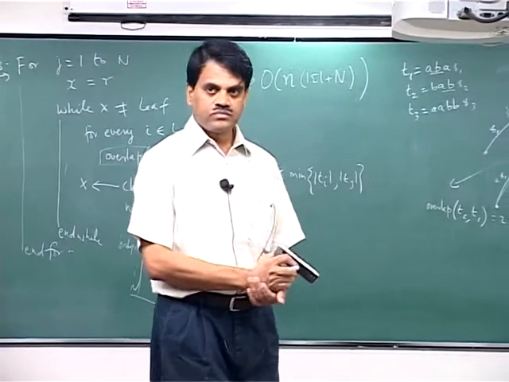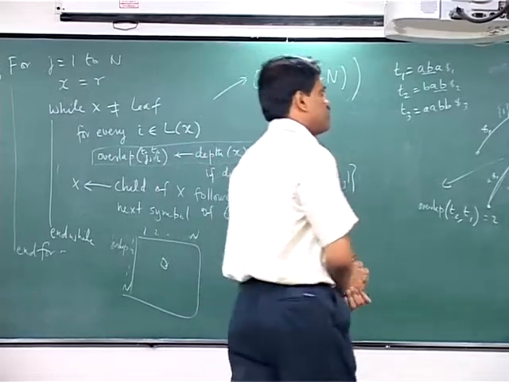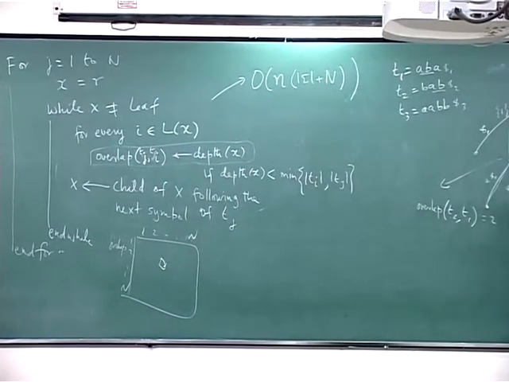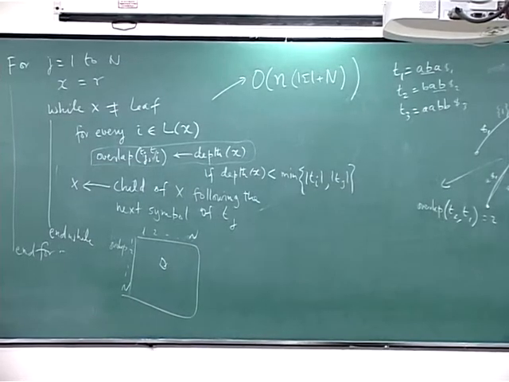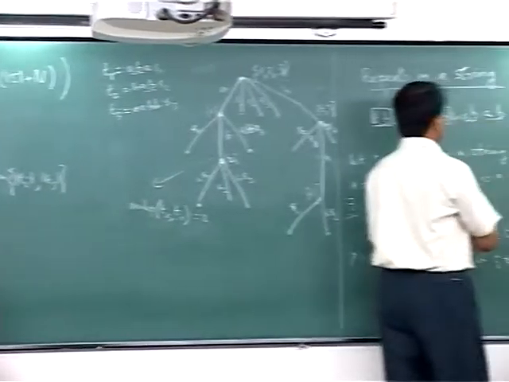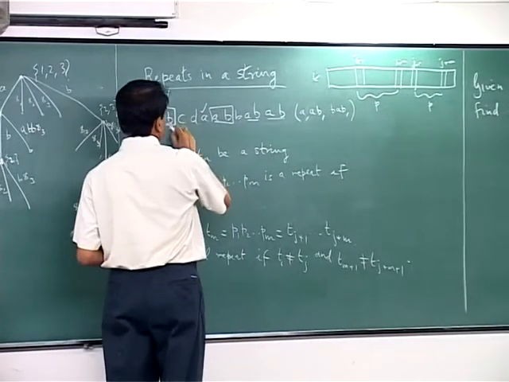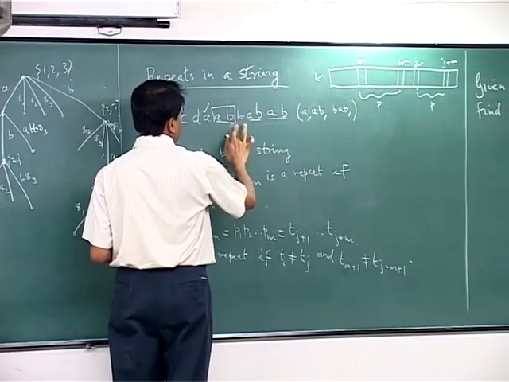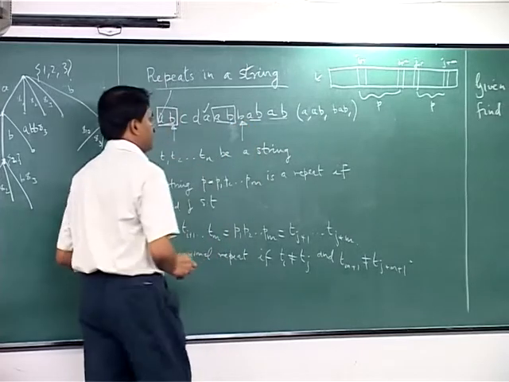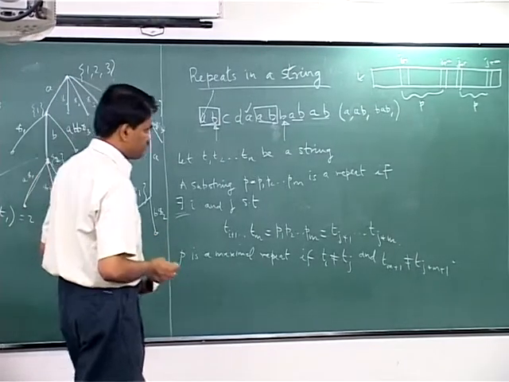Then we can call A also a maximal repeat, this A and this A. B also, this B versus this B, yes, but not this B. Because you can't extend it at either end by whatever is there.